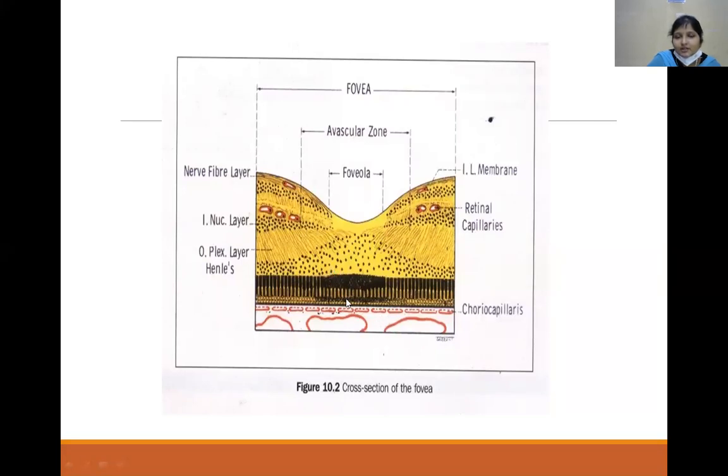You can see that the fovea contains only the RPE layer and a greater abundance of cones, and the outer plexiform layer is obliquely arranged. This is called Henle's layer, and all the other layers of the retina are absent, and you can see only the internal limiting membrane. Because of the greater abundance of cones, it has better visual acuity with minimum threshold.